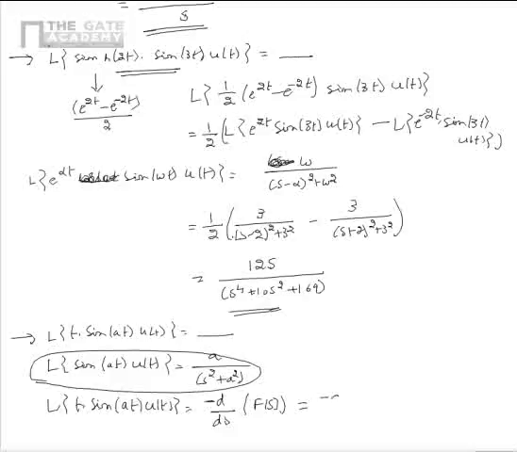So this is equal to minus d by ds of a by s square plus a square. This upon simplification becomes 2as divided by s square plus a square whole square. So from this we see that the Laplace transform of t into sin a t u of t is equal to 2as divided by s square plus a square whole square.